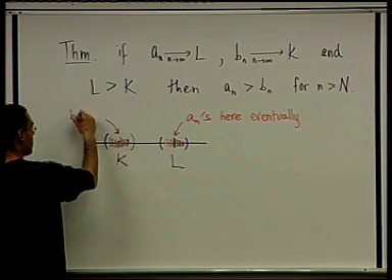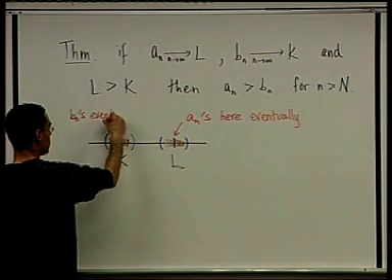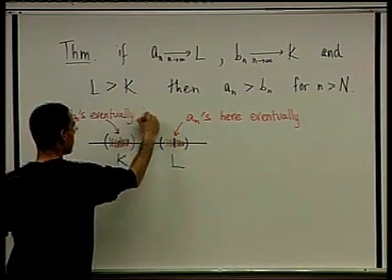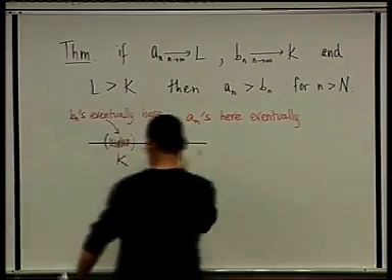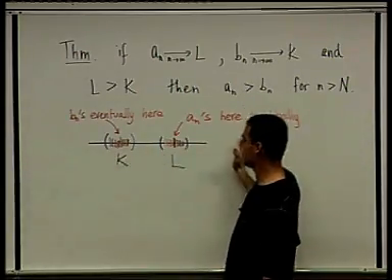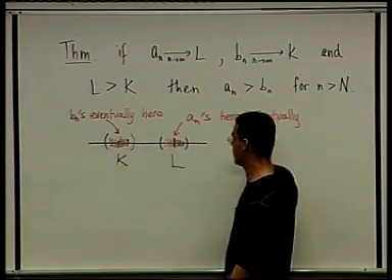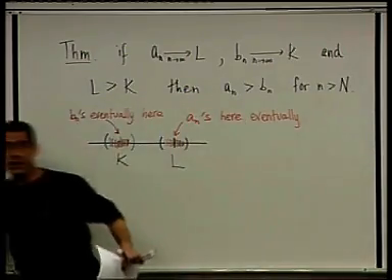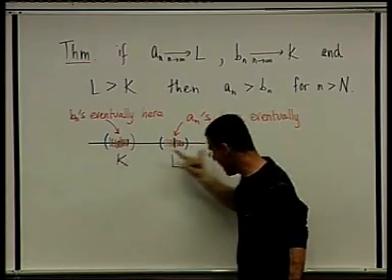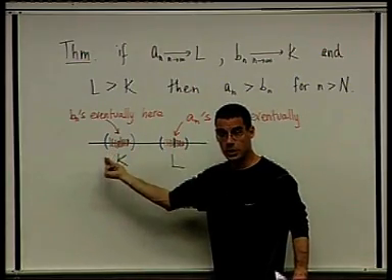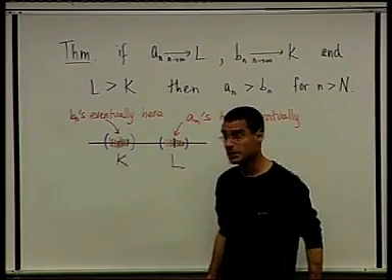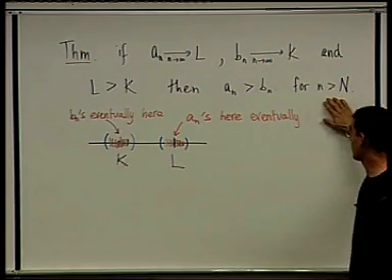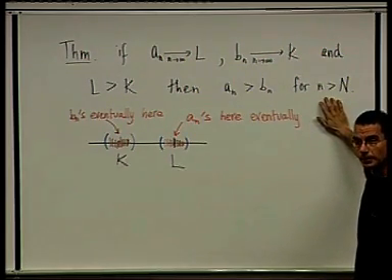This eventually means that maybe for the first 17,000 of them, there's an an here, and an an here, and a bn here, and another one here, and maybe one all the way down there. But eventually, the ans concentrate here, and the bns concentrate here. L is greater than K. Eventually, the ans are all going to be bigger than the bns. This eventually is what I mean by for n greater than some fixed N. Is this clear?